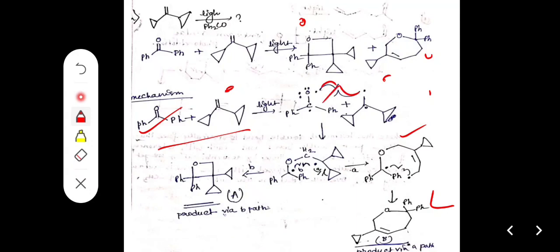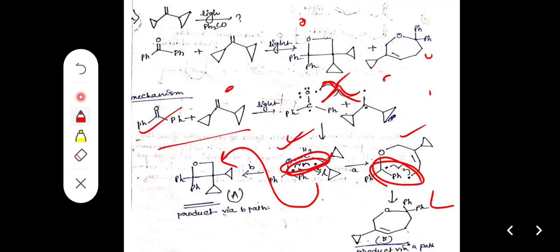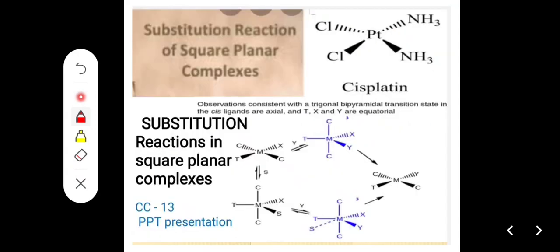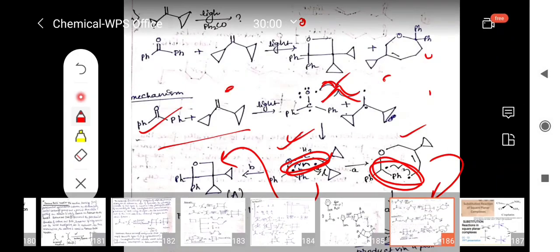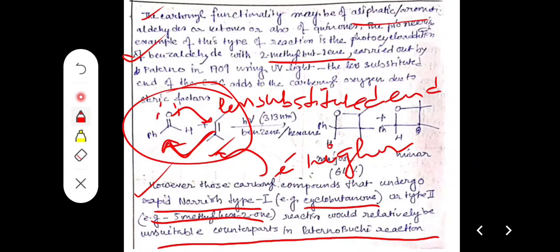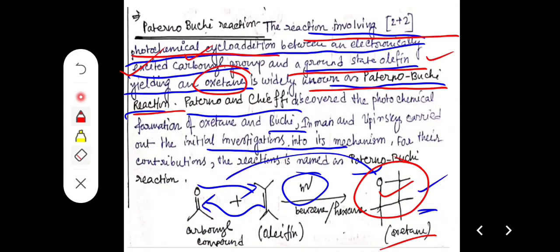First these two radicals combine to produce this configuration. This is one possibility of recombining two radicals, so we get this product, and there is another possibility, so we get this product. Okay, up to this. Now, what is the summary of the Paterno-Buchi reaction?